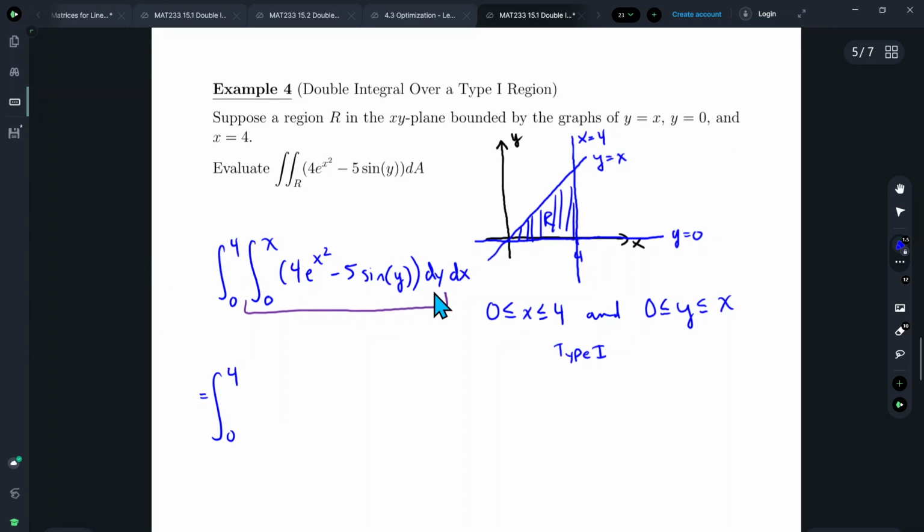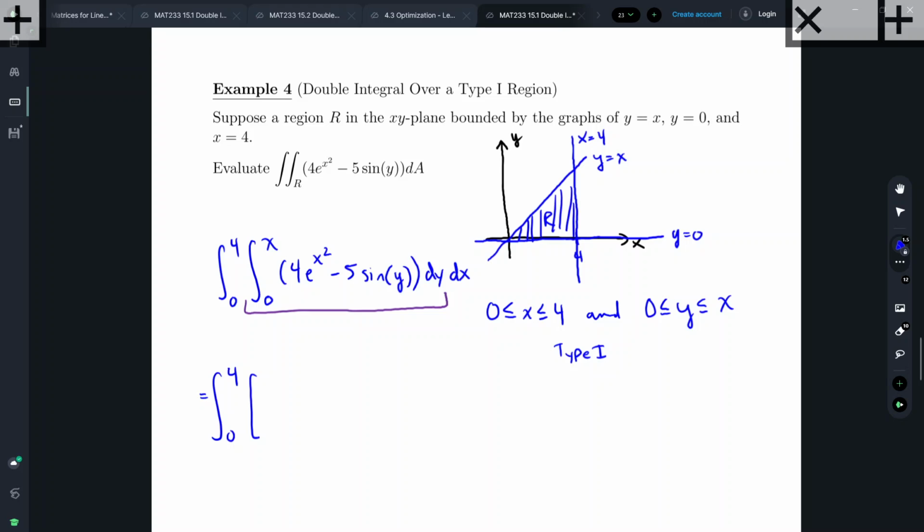Okay, so we're integrating with respect to y, right? So here we're thinking of x as a constant, so this whole term is just a constant, and the antiderivative of a constant is a constant times y.